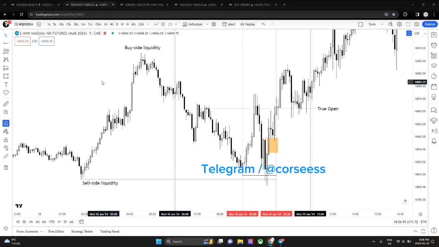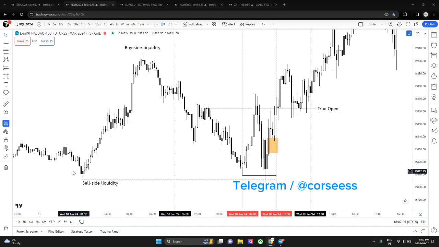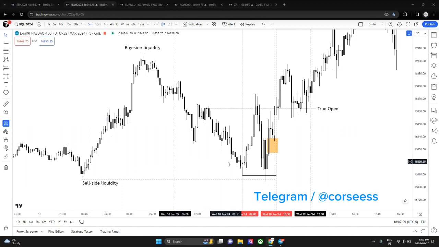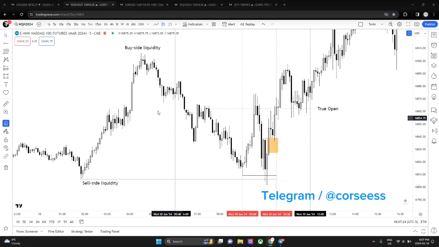Also, you have a higher time frame SMT, which if you look at the 1 hour time frame, you will see that. I'll leave you guys to do this in your own charts. Here you have the Nasdaq making a lower low here as well, while making a lower low here. So right here you have SMT occurring twice at the same time.